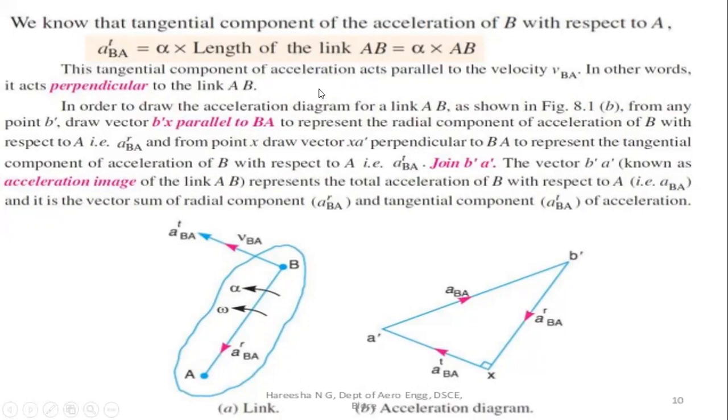This tangential component of acceleration acts parallel to the velocity. We have already known that the centripetal or radial component acts in the direction along the link, but this tangential component of acceleration acts parallel to the velocity VB.